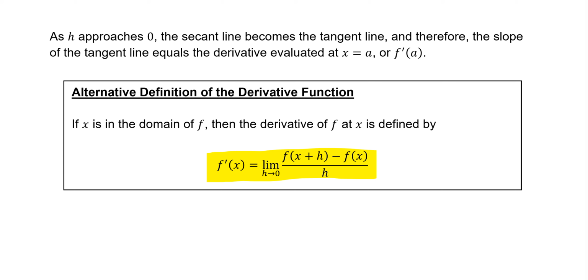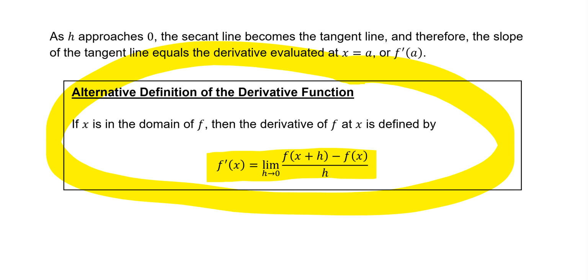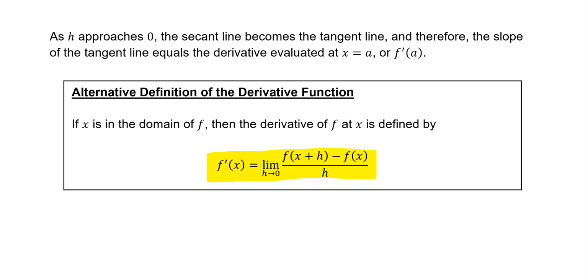So we replace those a's with an x, and we can find the derivative function using this definition. So technically, most of the time, both of these definitions work. One of them might be easier than the other one. In my opinion, this is the big one for the day. All right, so that is it for this section.